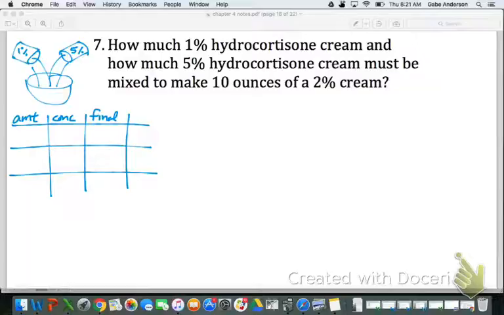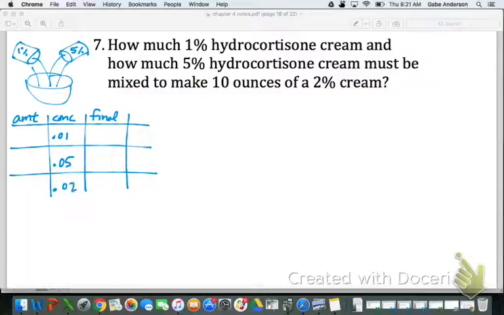We know the concentrations, don't we? We know that our first concentration is 1%, so I would put 0.01 right there. We know that the other concentration that we're trying to mix into this is 5%, so I would put 0.05 right there. And then what's the mixture concentration, Rocky? The mixture concentration. 0.02. Yeah, 2%, 0.02.